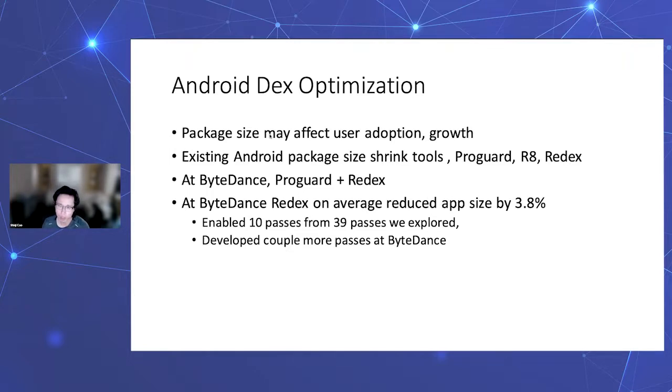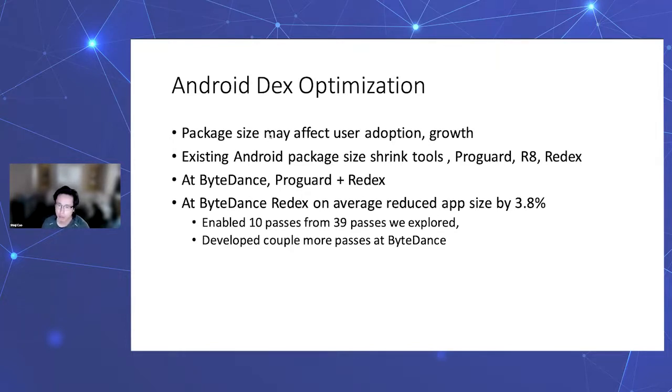So we would like to make it as small as possible, because for business reasons, if the app size is very small, it's very good for attracting more users, to increase the user adoption rate, and therefore to grow the app.